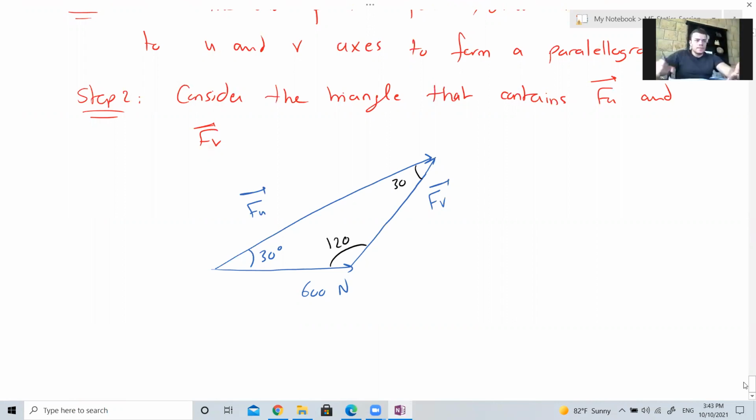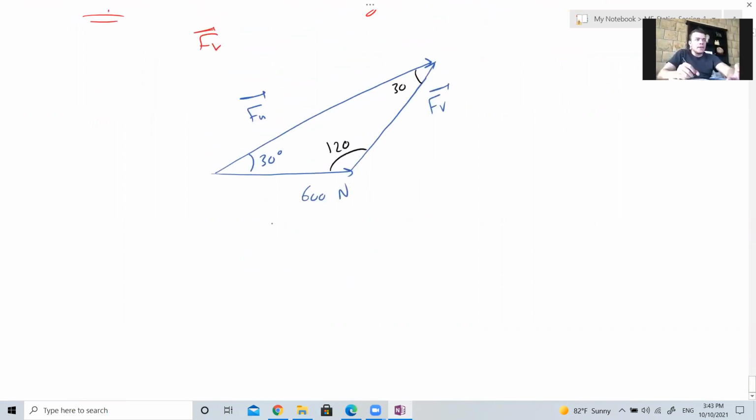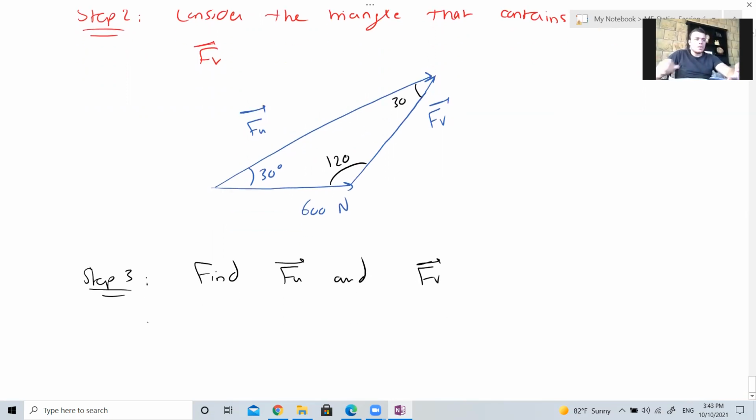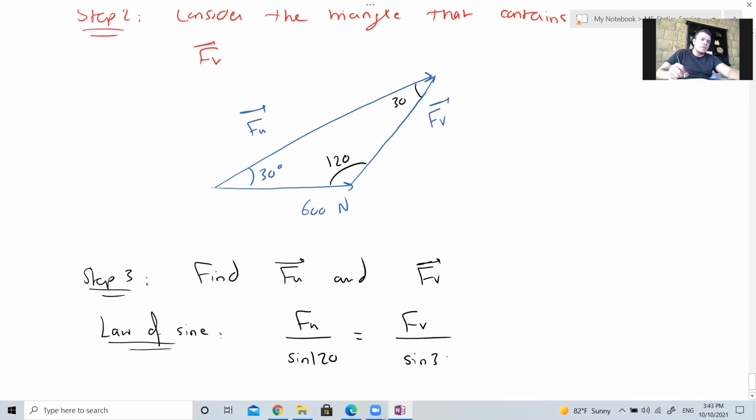Now, can you find FU and FV? Yes, I will find it. How? I think it's the rule of sine. FU over sine 120 equals FV over sine 30, which equals 600 over sine 30.